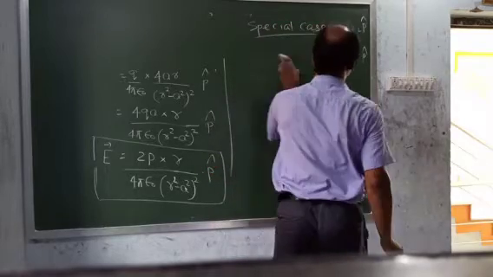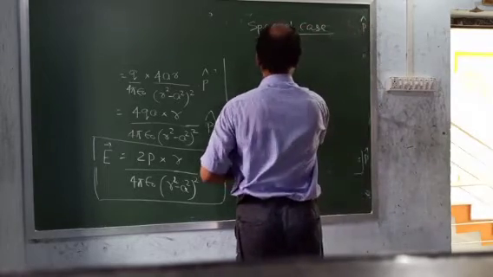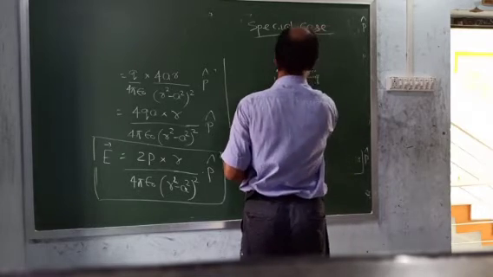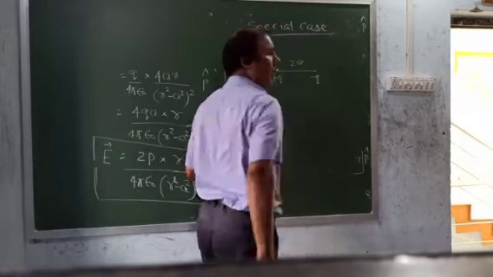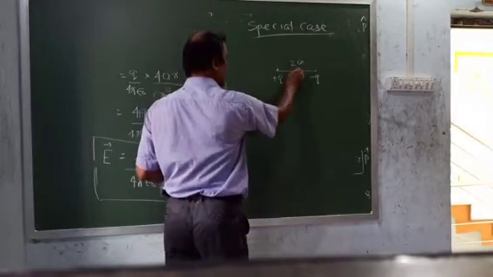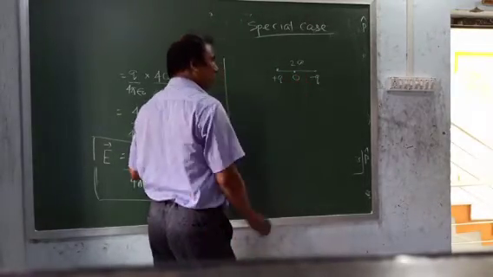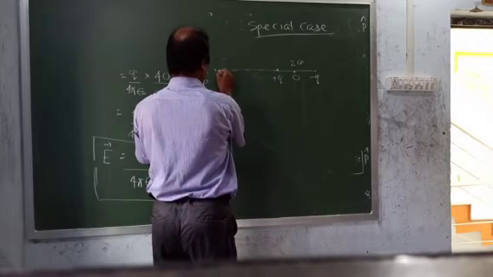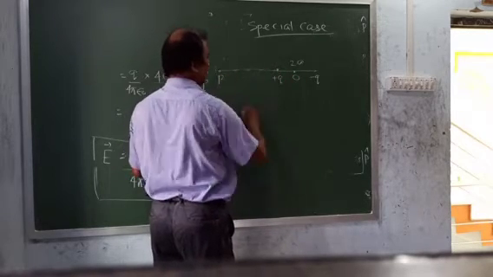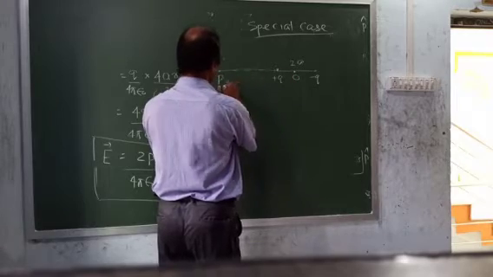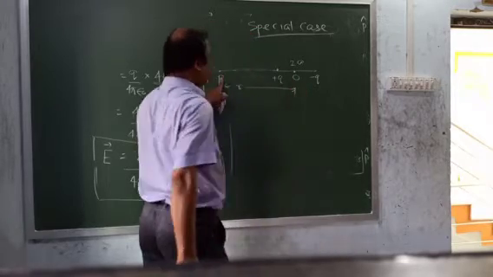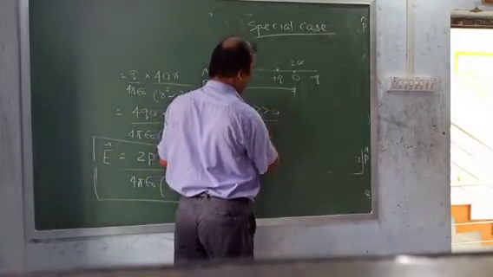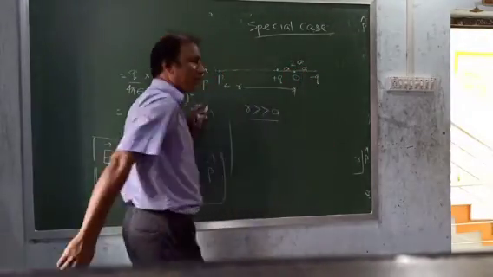Suppose this is plus and this is minus. This is an electric dipole. The length of the dipole is 2a, and this is the center of the dipole. For example, I will consider a point at a large distance from the center, so that the distance of this point, R, is very large compared to A. A means half of the length of the dipole.